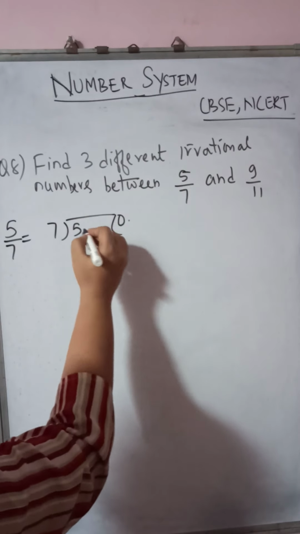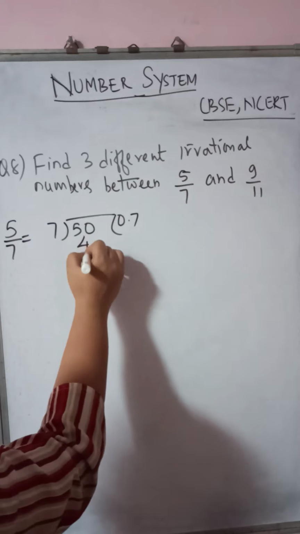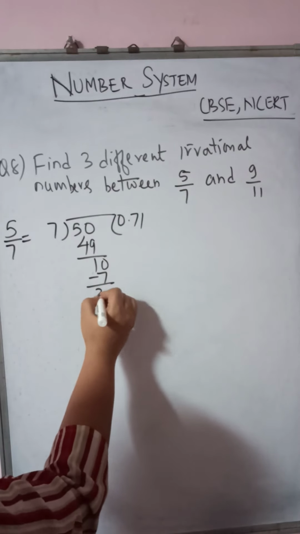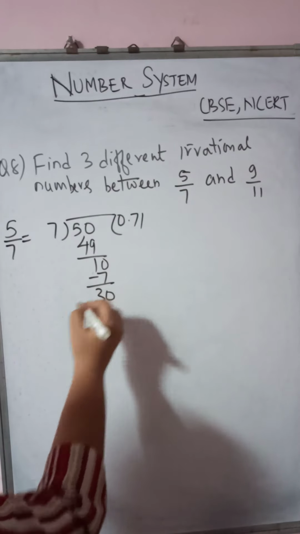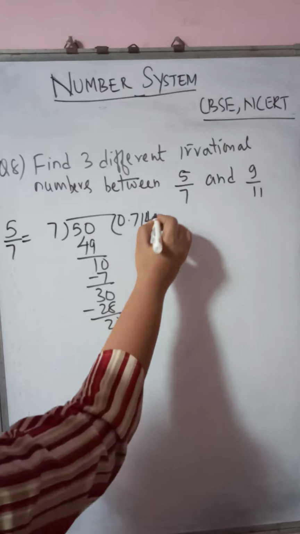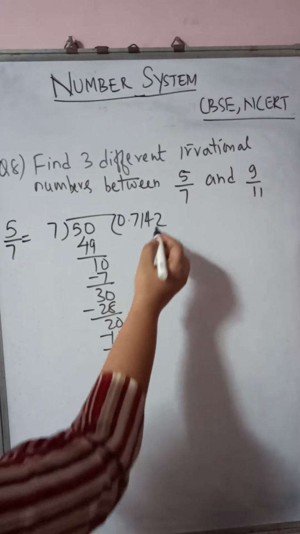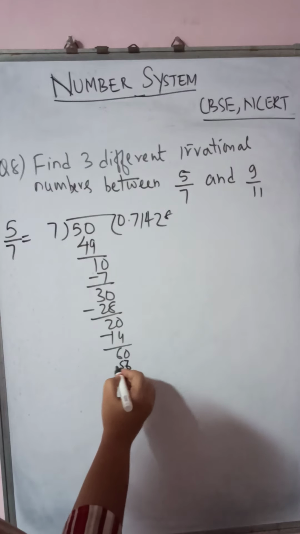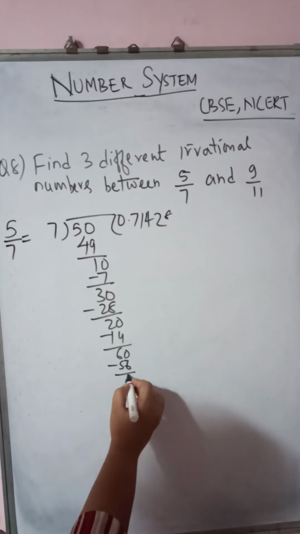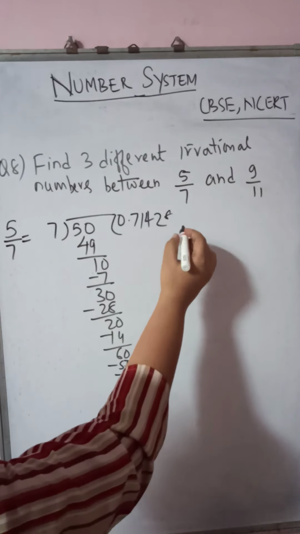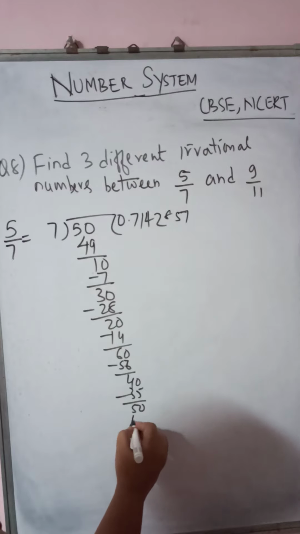So 7 sevens are 49, 1 remainder; 7 ones are 7, 30; 7 fours are 28, 2; 7 twos are 14; 6, 7 eights are 56; 4, 7 sevens are 49.